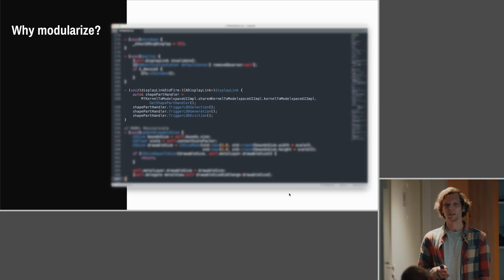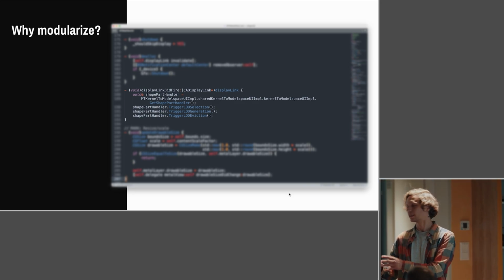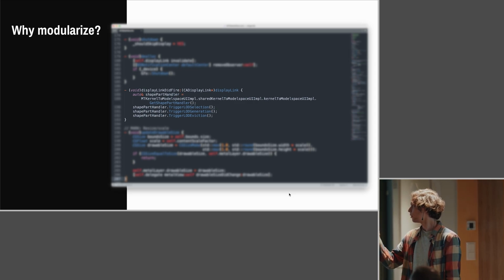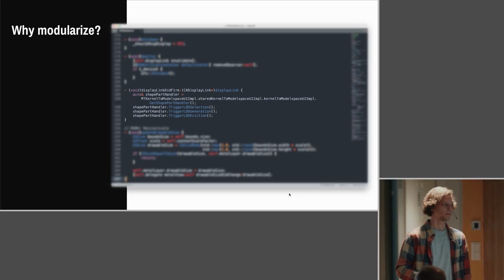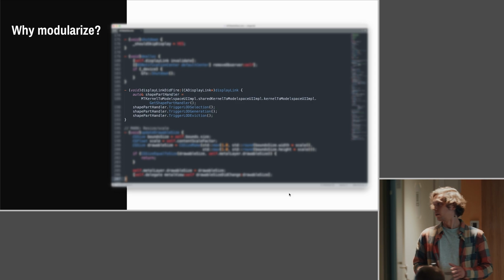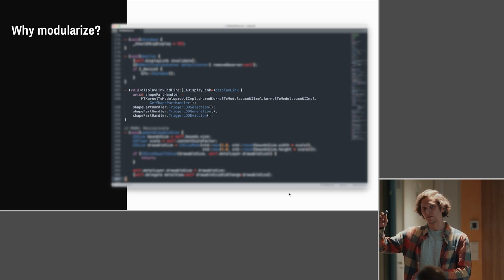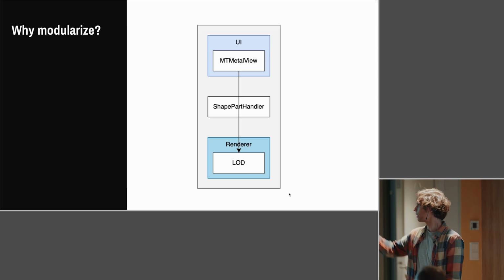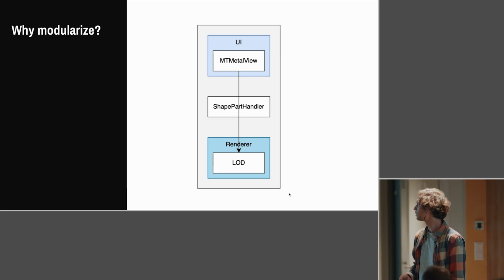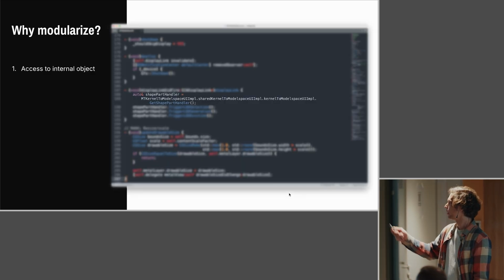This looks reasonable if this is close to that CUF system, so you can control the different functionality separately. But as soon as the client is spread further apart, like what we have right now in the example, a view and the renderer and some object in between. I don't know what it does. Then we have a problem.